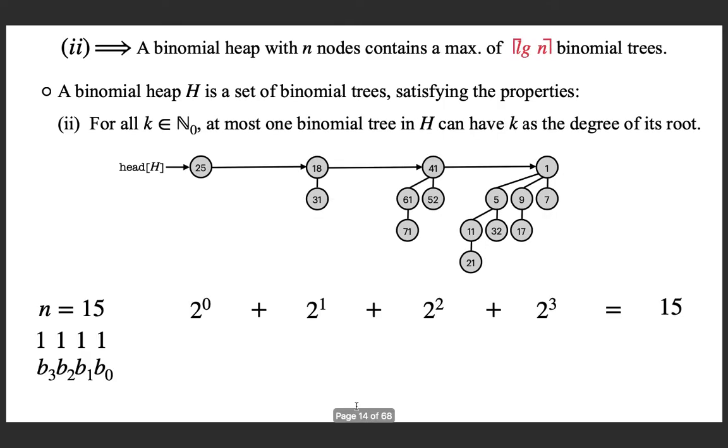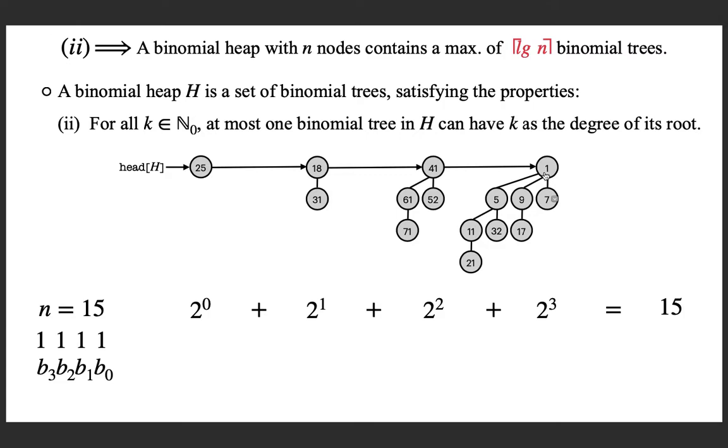Maybe an example will make it clear. This is the second property that we are looking at. Now if you look at this particular heap, there are 4 binomial trees and the total number of nodes is 15. And how that 15 comes is 1 plus 2 plus 4 plus 8, which is 15. And what is this 8?